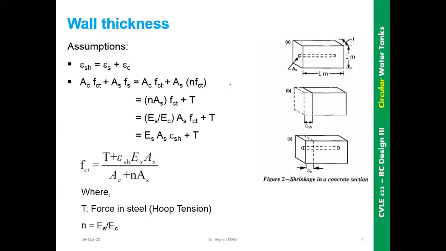So now we develop this mathematical procedure. We say AC times FCT, meaning the area of concrete times the tension in the concrete, plus the tension in the steel.